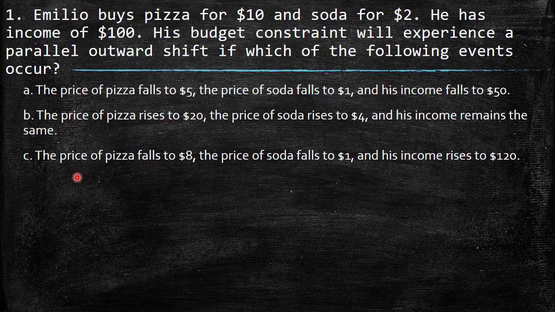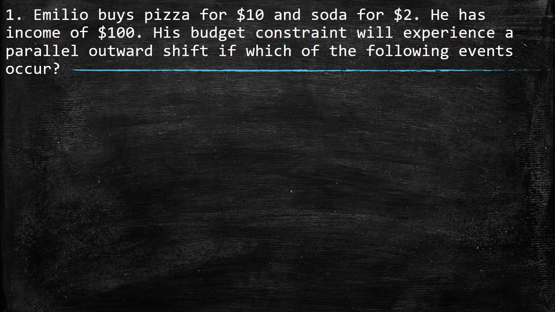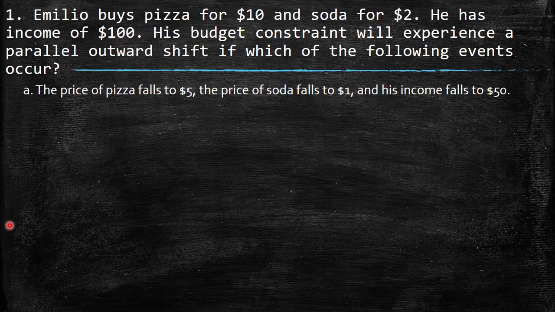C, the price of pizza falls to $8, the price of soda falls to $1, and his income rises to $120. The last option, D, the price of pizza rises to $20, the price of soda rises to $4, and his income rises to $400. Then we're going to go through all the answers.